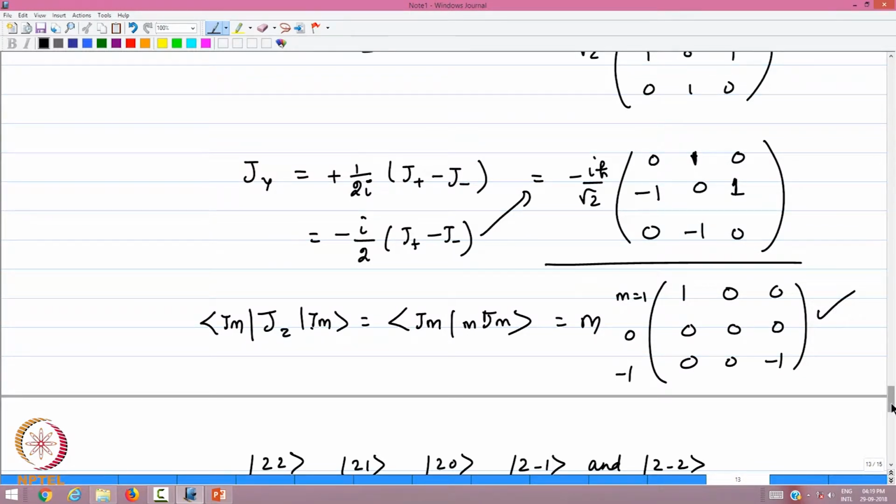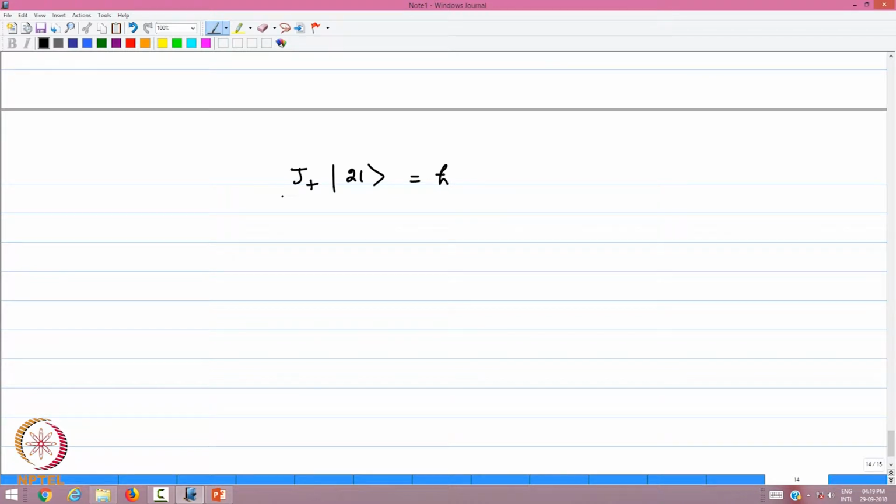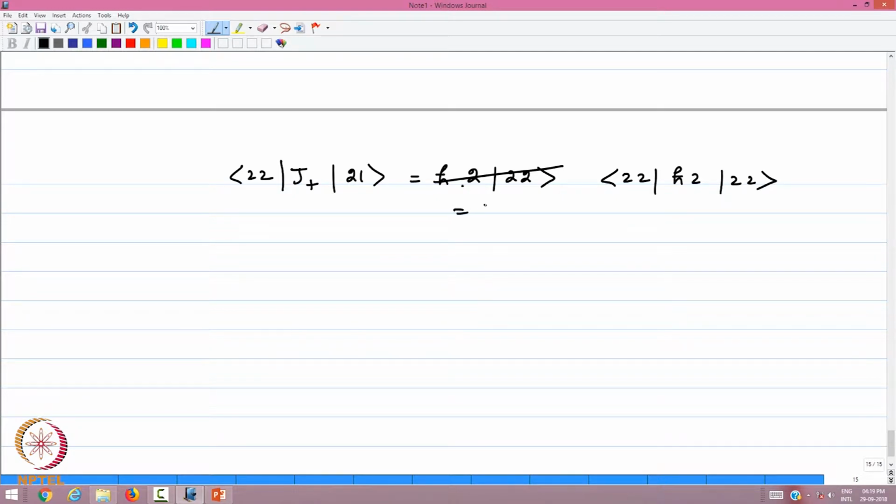Yeah, and if we do the same thing here, j plus on |2,1>, you have h bar times the square root of j minus m, which is 1, times j plus m plus 1, which is 4, therefore, it is 2 and then the state is |2,2>. Therefore, the answer is 2 h bar.